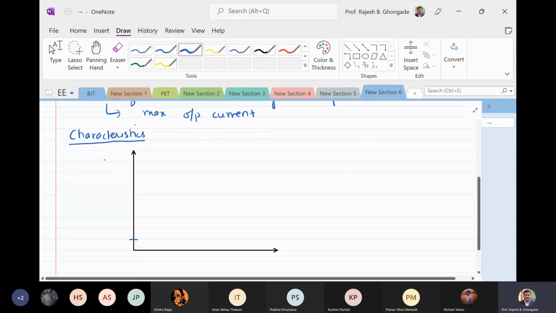So this is current in milliamperes. This is voltage in volts.